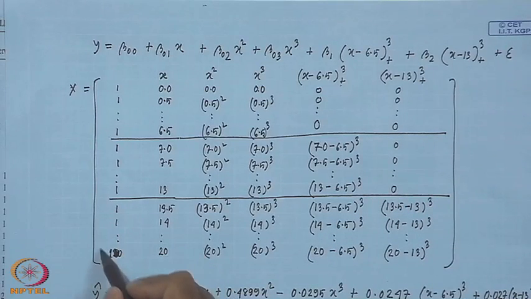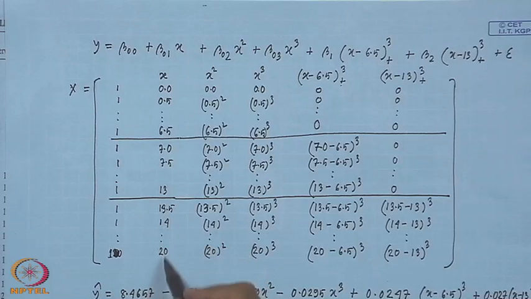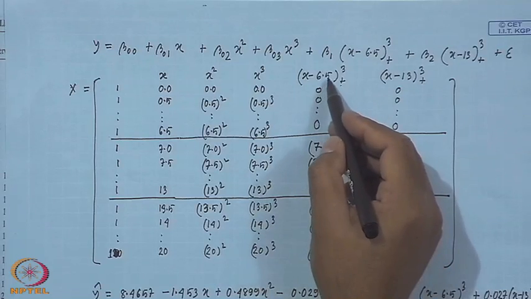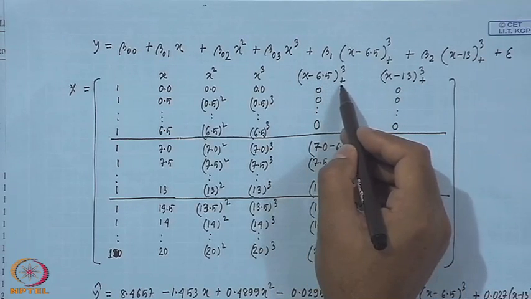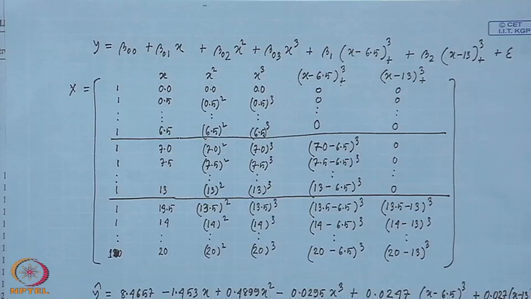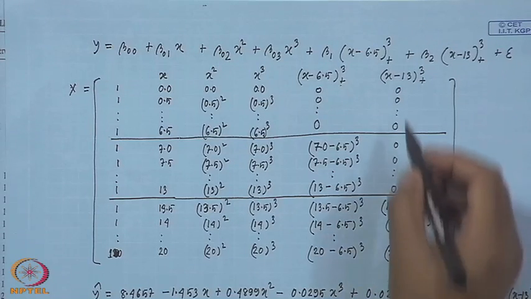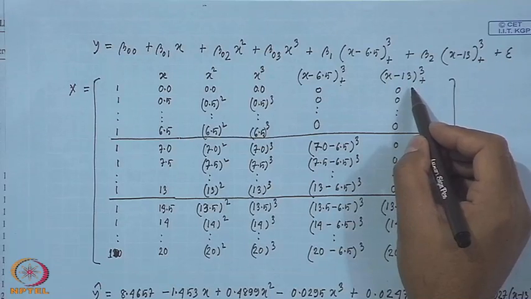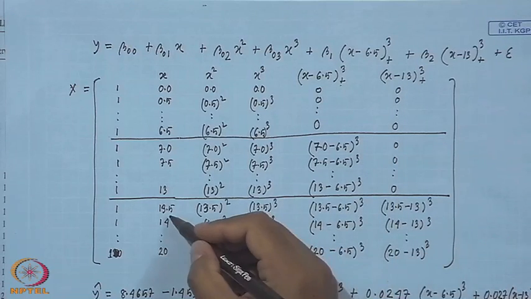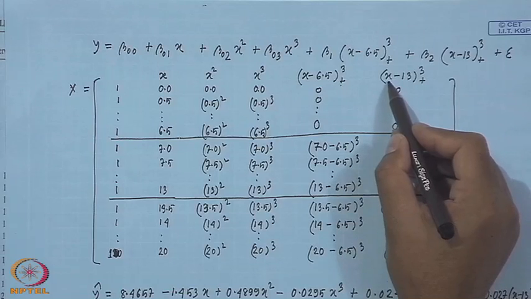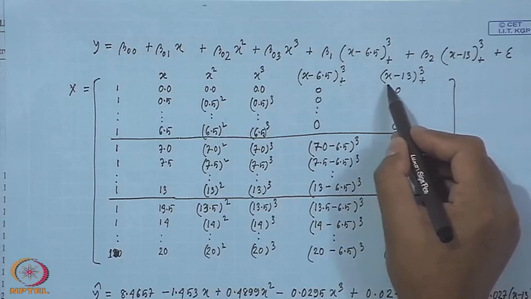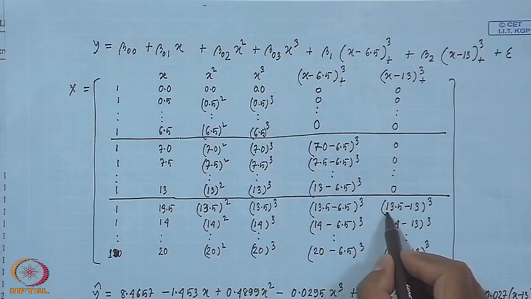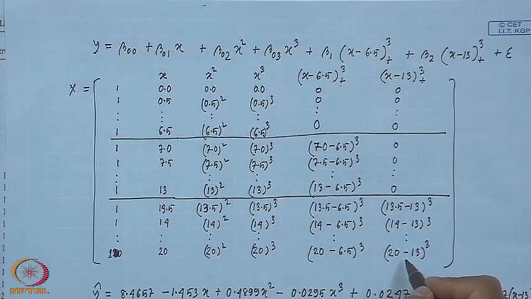Here is my third segment. These are the x values, square, cube, and in the third segment x minus 6.5 plus is equal to x minus 6.5, and since x is greater than 13, starting from 13.5, x minus 13 plus is equal to x minus 13. You put the x values here and you get the coefficient matrix.